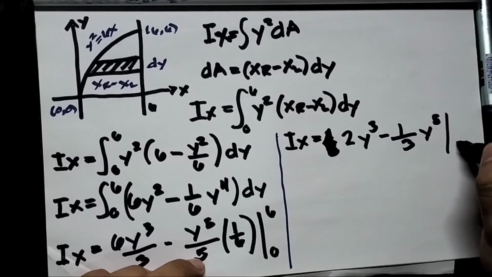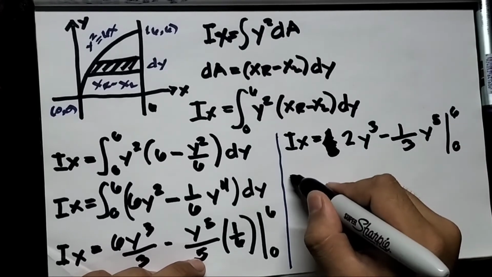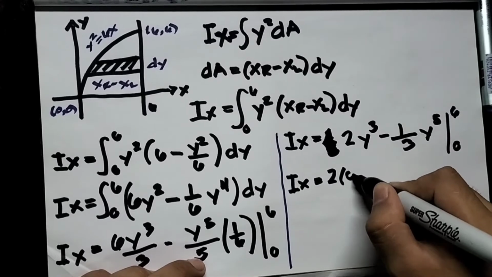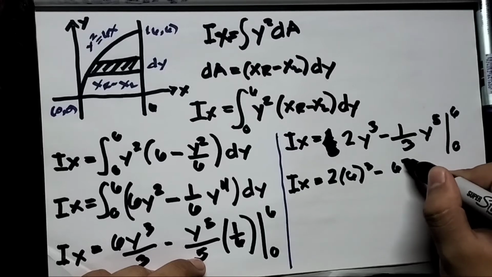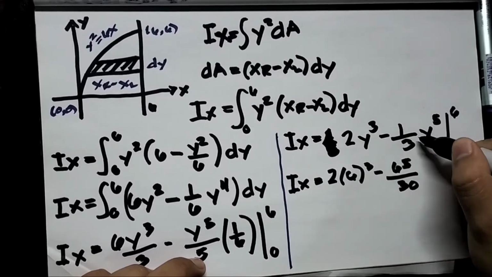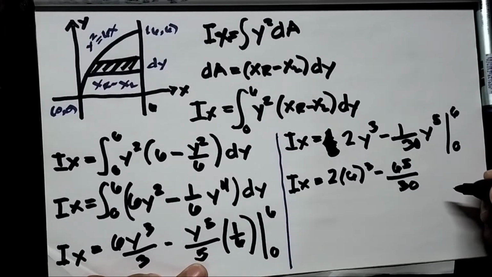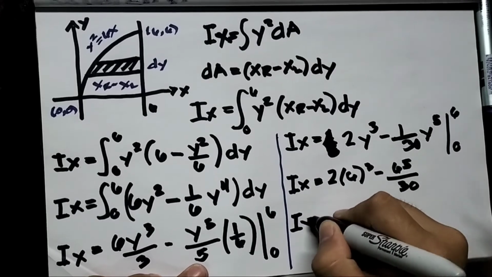Then distribute natin yung 0 to 6 in y. So our Ix is equal to 2 times 6 cubed minus 6 raised to 5 over 30. Sorry, 1 over 30. Dito sa part guys, hindi ko na dinistribute yung 0 kasi 0 na rin naman yun.